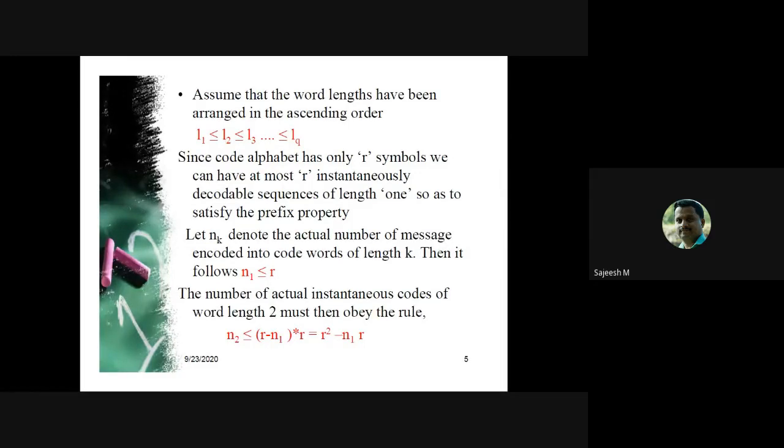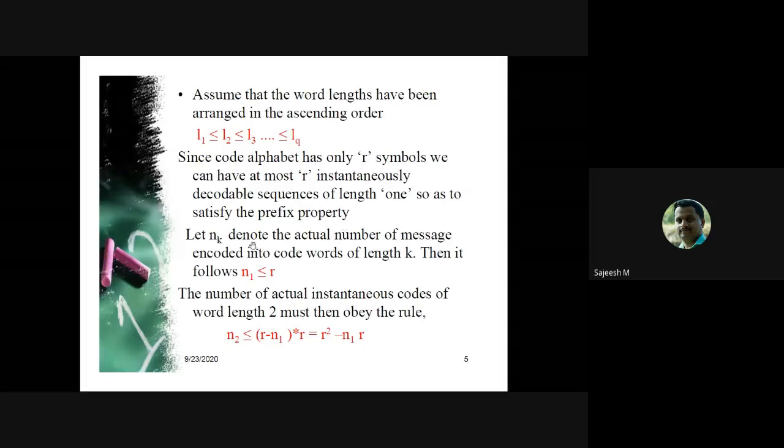For example, if r equal to 2, that is our binary code, then we can have only two code words of a single bit: one code word is 0, the second is 1. Since the code alphabet has only R symbols, we can have at most R instantaneously decodable sequences of length 1 so as to satisfy the prefix property.